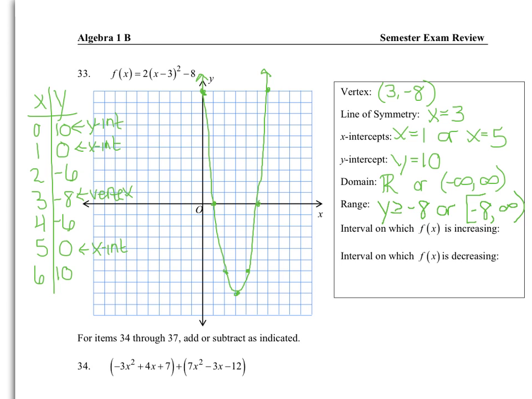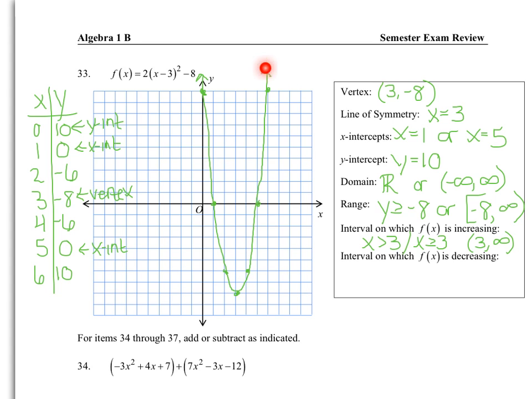The interval on which f of x is increasing is right here. So all of my x values from 3 on. So x is going to be greater than 3. Like I said with question 32, you could also say x is greater than or equal to 3. Same thing, you could write 3 to infinity, not inclusive, or you can make this a bracket and say inclusive 3 to infinity.